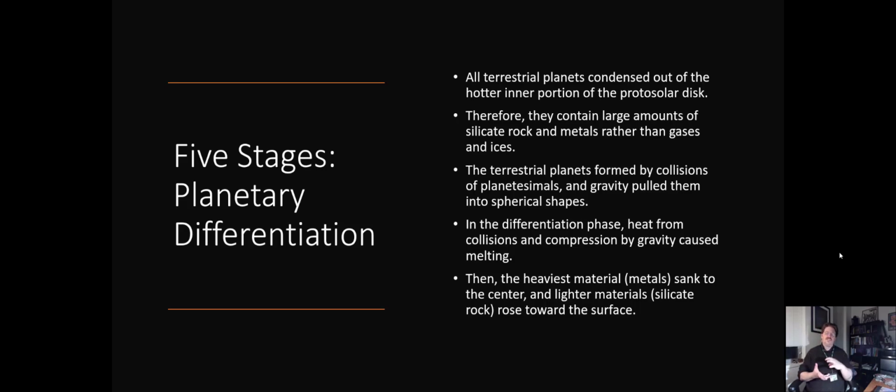The gravity during the process of growing into planetesimals, the gravitational attraction, is essentially uniform. If you have a sufficient enough mass, anything is going to pull itself into a spherical shape.